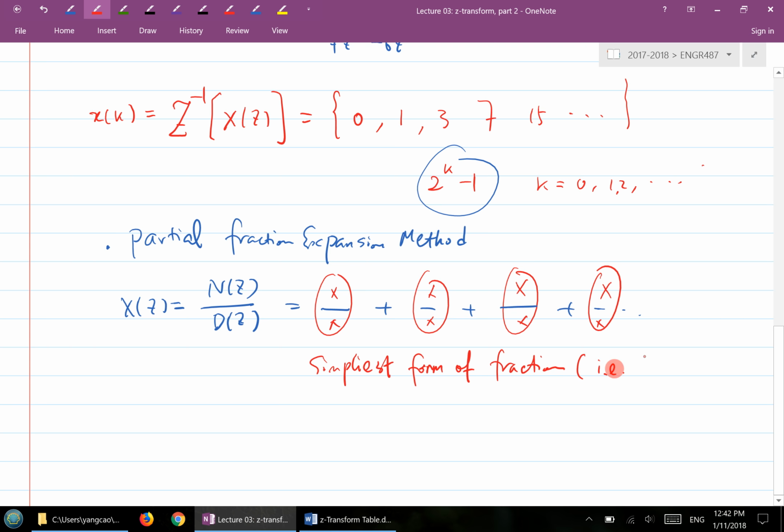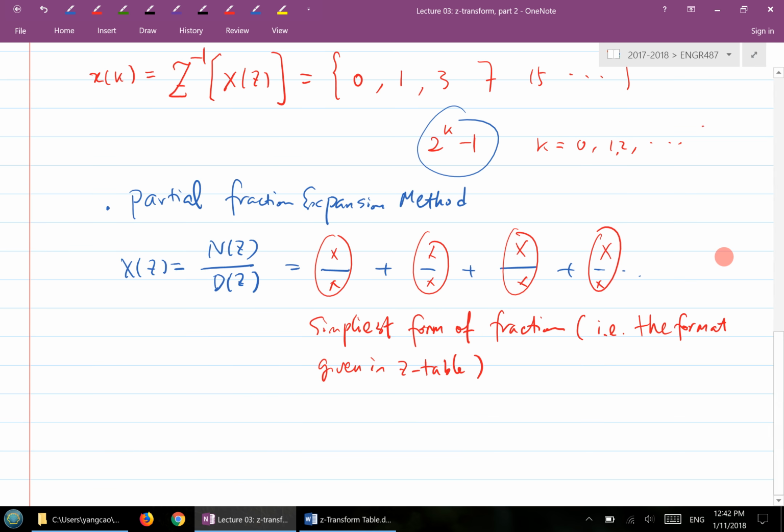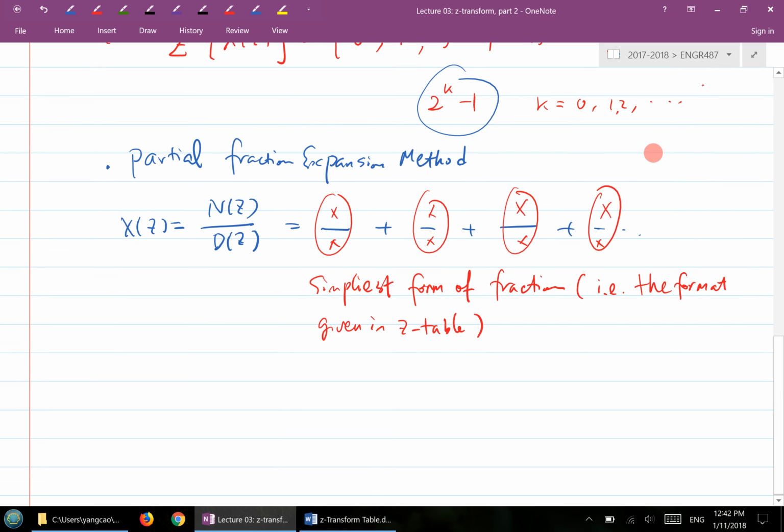Basically, what I mean here is the form or the format given in the Z table. That's the idea of how we want to expand this partial fraction expansion. I'm going to use different scenarios to talk about this.